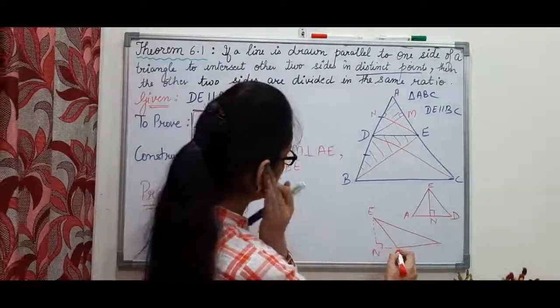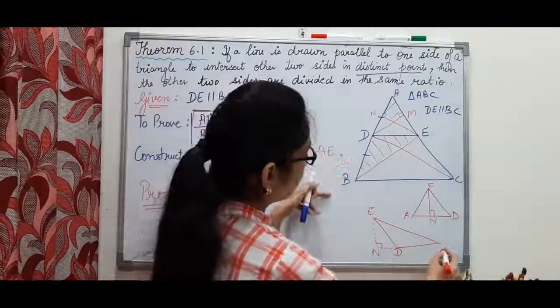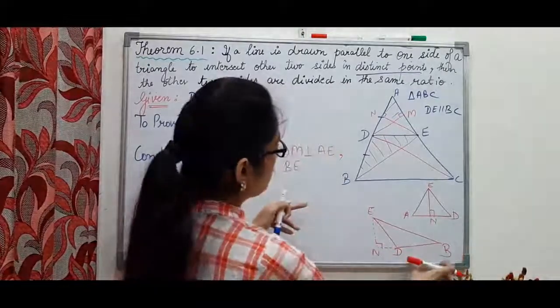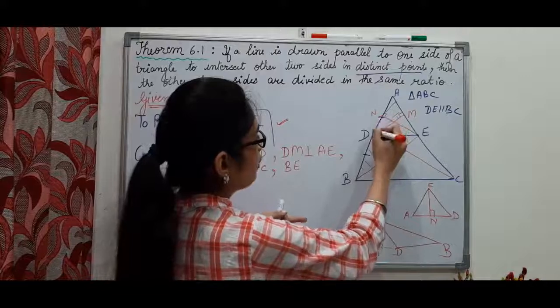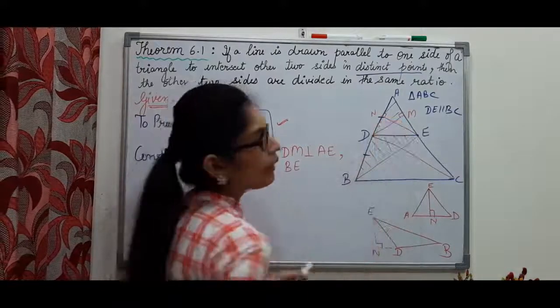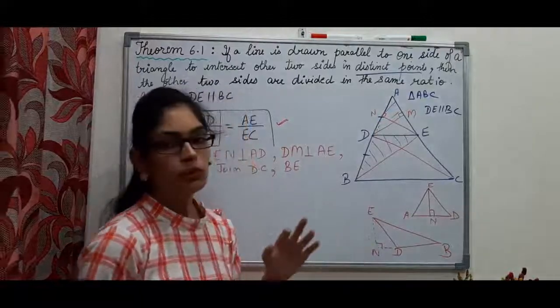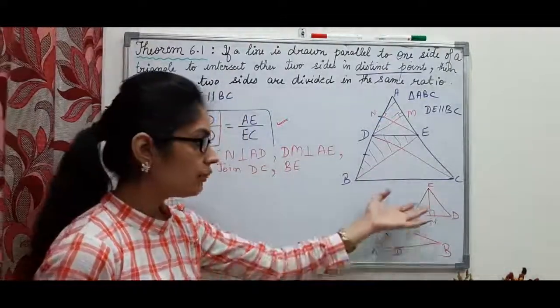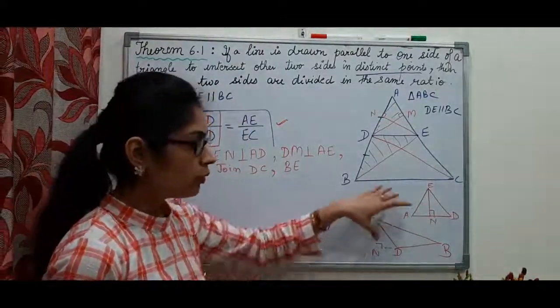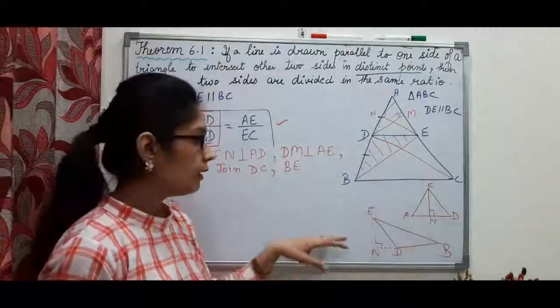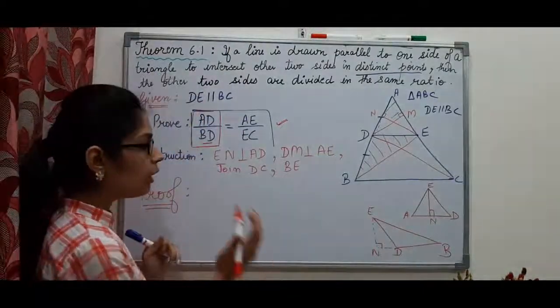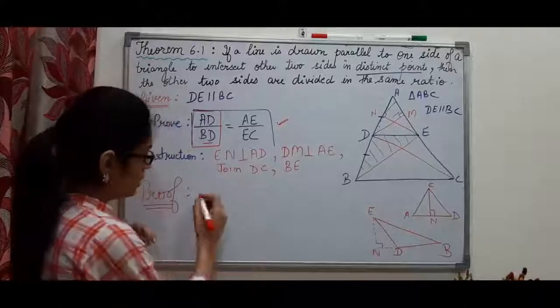Here it is D and here it is B. You can see BD, if we extend it, I can get the altitude of this triangle also. So I have drawn triangles in this way so that I can use results from these triangles and do it immediately without any mistakes.